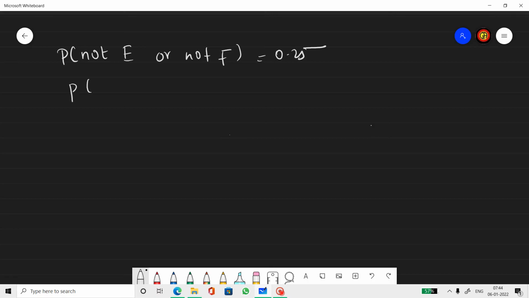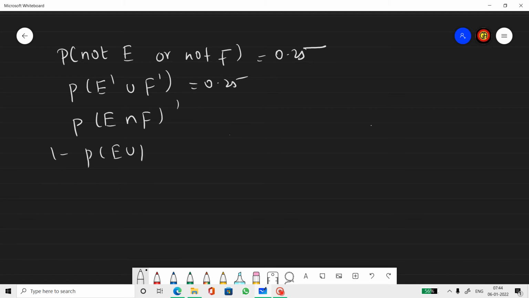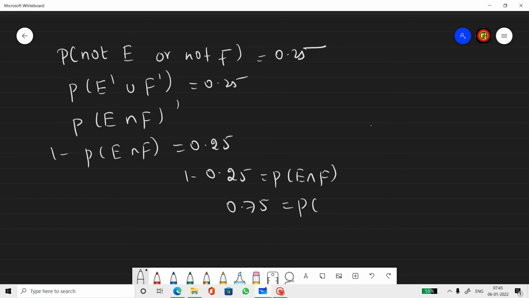So E complement union F complement equals 0.25, which using De Morgan's law we can write like this, which we can even write like this using the complementation law: the complement of P of E intersection F equals 0.25. So that means 1 minus 0.25 equals P of E intersection F. Hence 0.75 equals P of E intersection F.